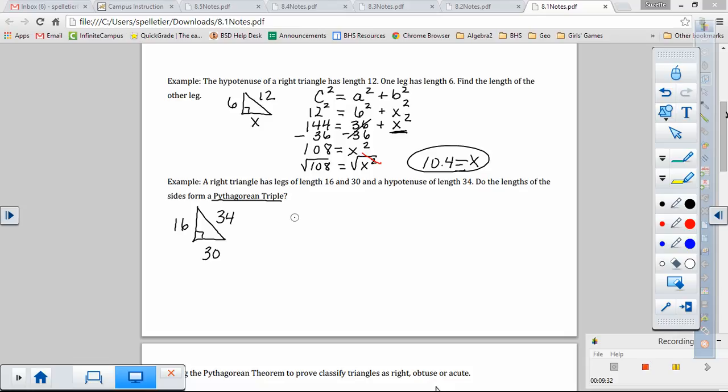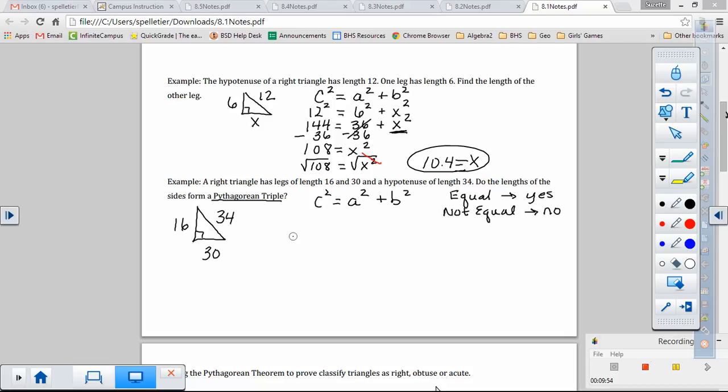So we have to see, does it make this equation work or not? Okay? If it's true, so if they are equal, then the answer is yes. And if they're not equal, then the answer is going to be no. Okay? So let's see if it works.